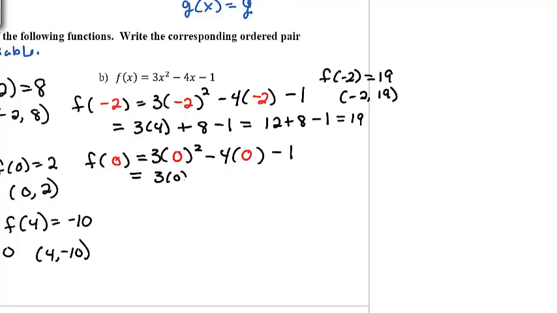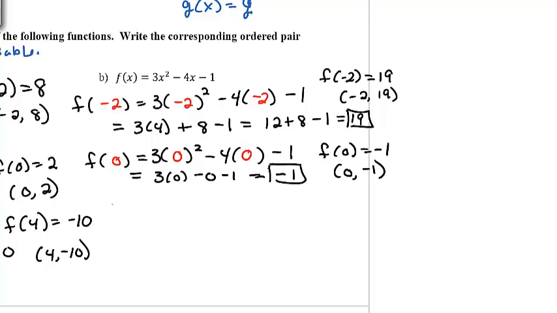I'll just write that down at first. And then -4 times 0 is 0. So we have 0 minus 0 is 0, and then minus 1 is -1. So this says that f of 0 equals -1, and the ordered pair that goes with that is 0, -1.